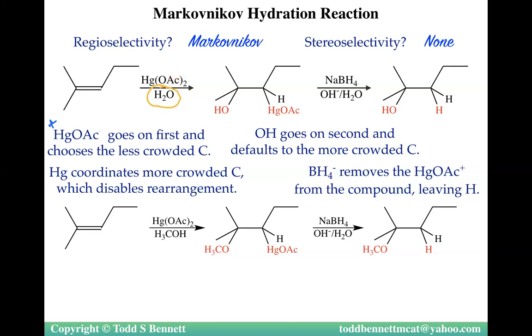Or instead of using water to put OH on there, they might use methanol, again with the H leaving to go with the OAc. So you have OCH3 instead of an OH. Minor changes. The nature of chemistry is if you know the reaction in general, you can start making small changes to it to get the results you want.